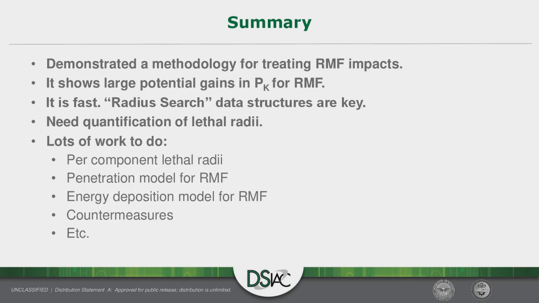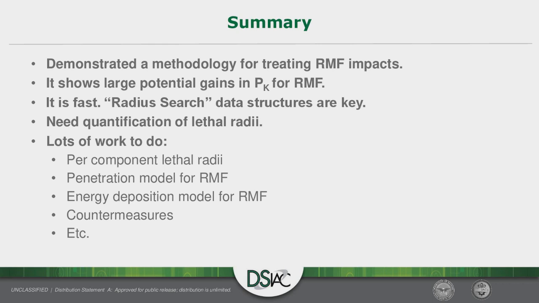So what I've done here is I've modified an endgame code in a particular way to treat what I think some of the important things are for reactive metal fragments. It shows a large potential gain in pK for RMF. It's fast. The KD tree radius search data structures are the key here.